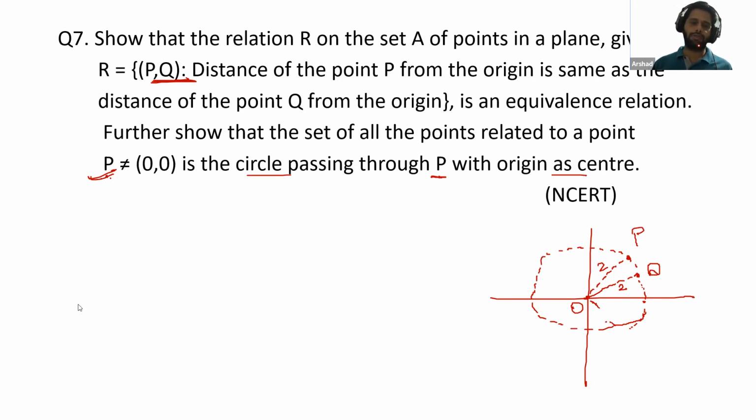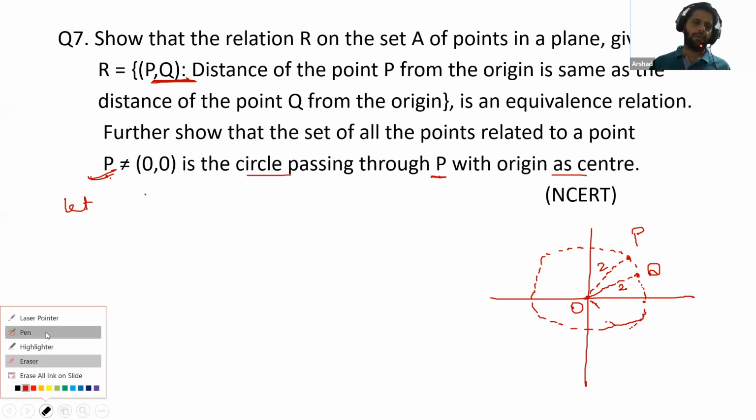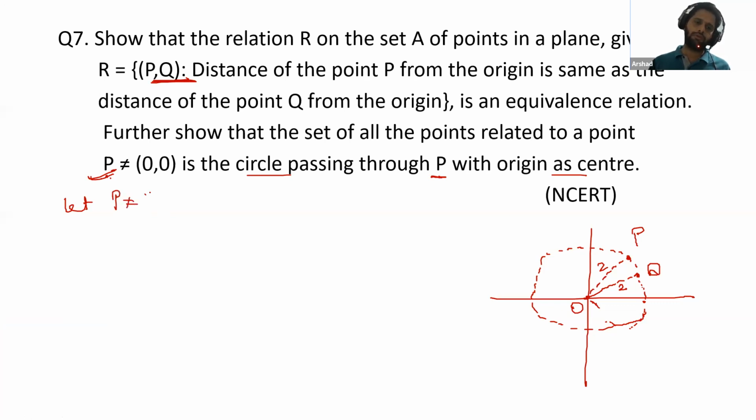Okay, how to represent our answer? We will represent it like this. Let P, not equal to origin, be a fixed point.